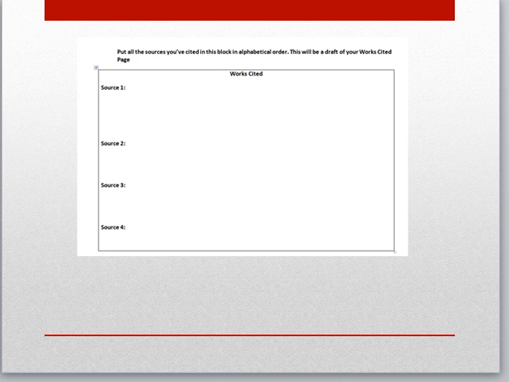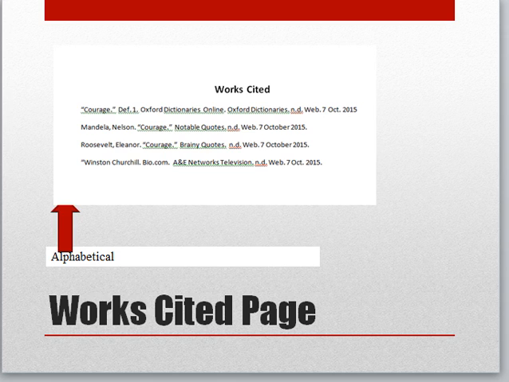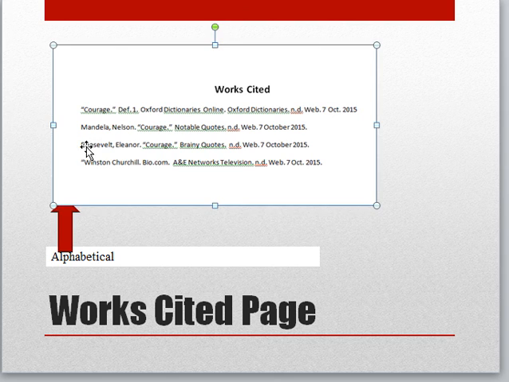So you'll include a works cited page at the end of your essay, putting the sources you've cited in alphabetical order. You will center the term works cited and make sure you're using the correct format. And there's sources for that you can look at. Here's what a works cited page would look like for the sources I've cited so far in this lecture. Notice this is in alphabetical order, and works cited is centered on the page.